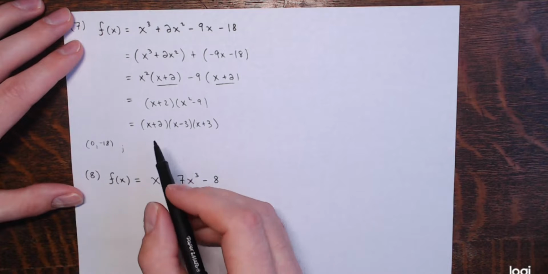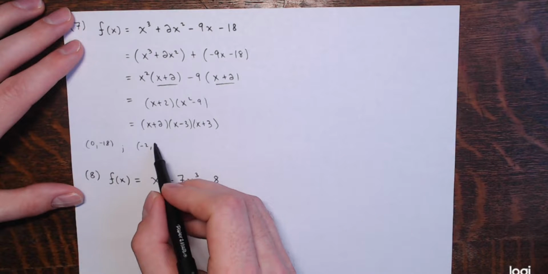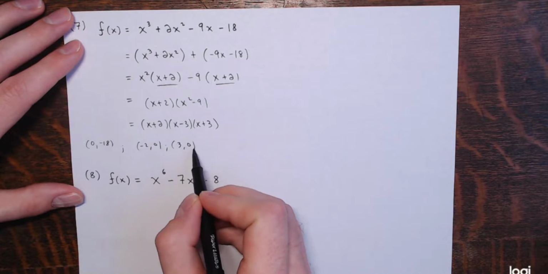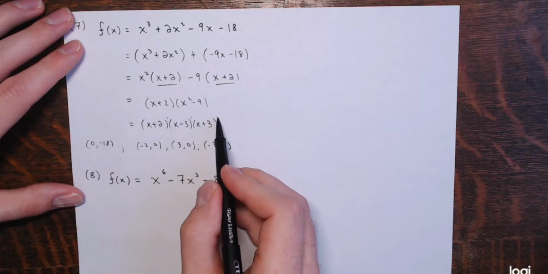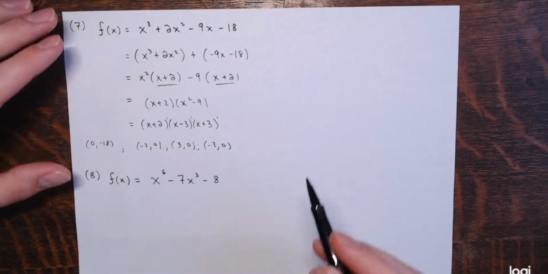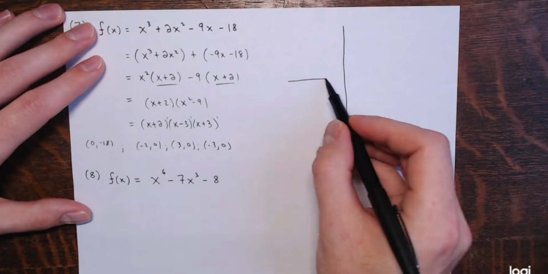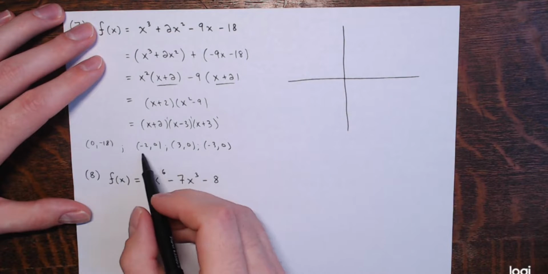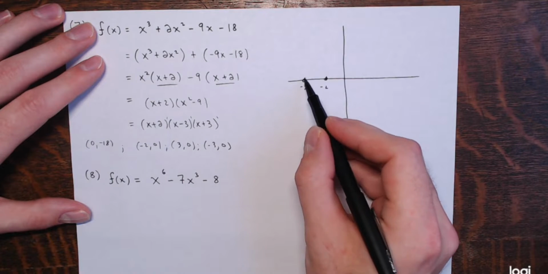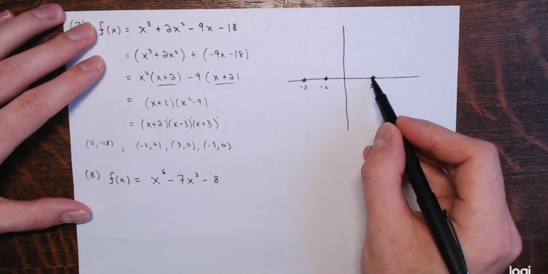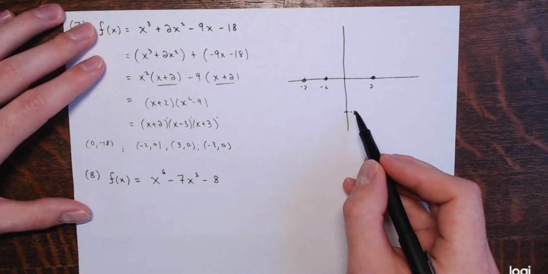The x-intercepts would be at negative 2, 0, 3, 0, and negative 3, 0, right, looking at the factors. And again, all these factors have the first power on them, have an odd power. So the graph will just cross over at these intercepts. Right? So negative 2, 0, negative 3, 0, and 3, 0. And you have 0, negative 18 as the y-intercept.